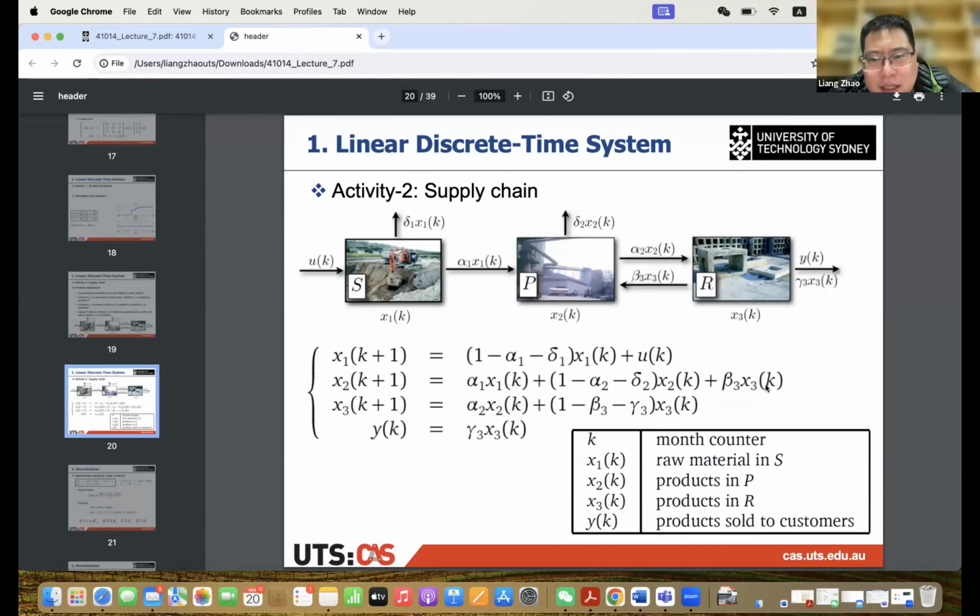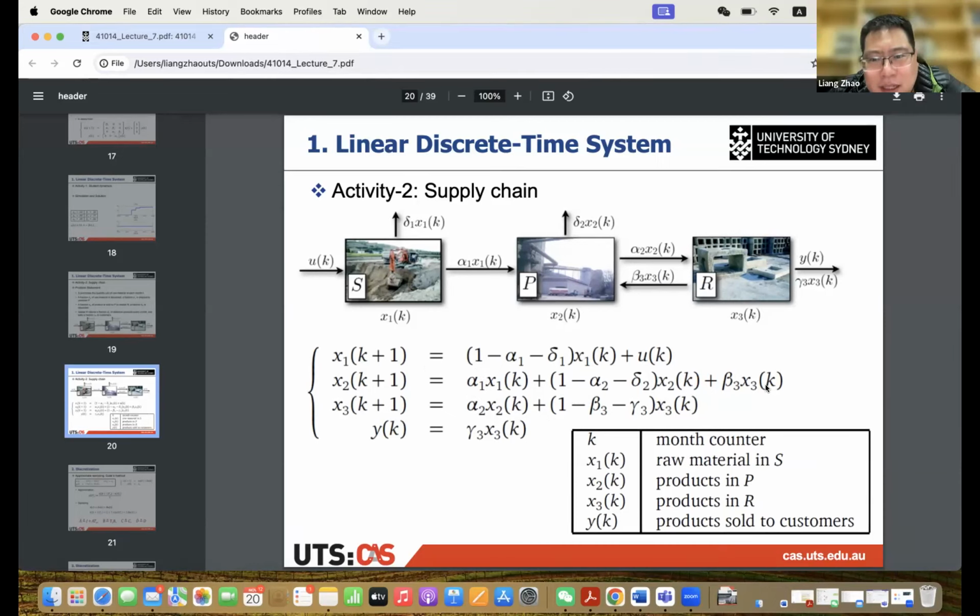Because the second and third don't relate to U, so which means it needs to be 0. The first one is U, which means if you use 1, 0, 0 times U, it gets you U, 0, 0, and represents the three equations, right?